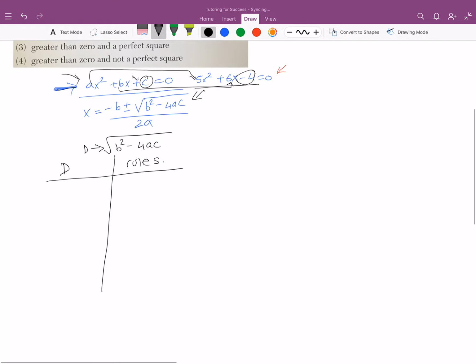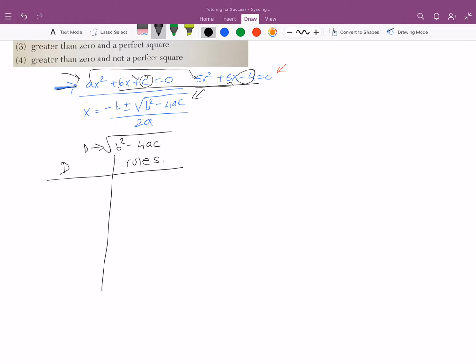According to the D table, it is important to know the differences between these cases. For example, let's say you solved b squared minus 4ac. You plugged in all the values b, a, and c, and you solved this part, b squared minus 4ac.